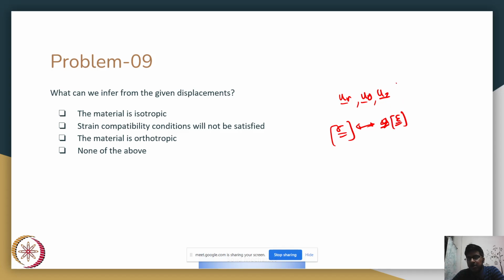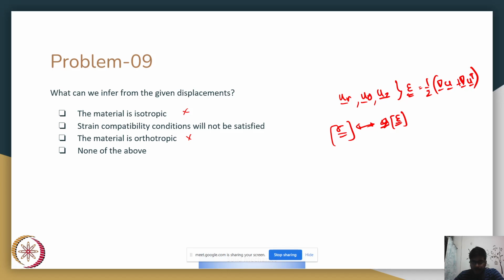From u theta, uz we can calculate epsilon, but we do not know the relation between strain epsilon and stress sigma. Therefore, we cannot say anything about the material property. So we cannot say whether the material is either orthotropic or isotropic, right?